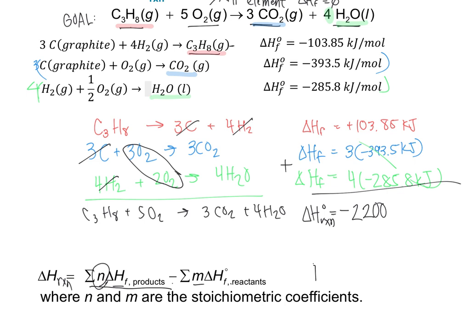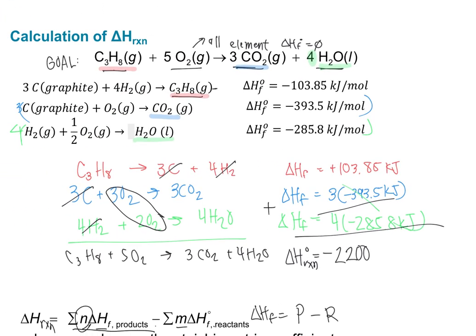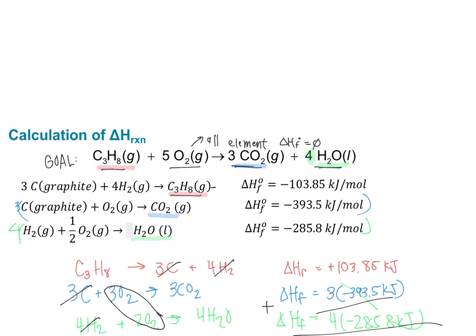So basically it's products minus reactants for delta HF. So let's just pull this over to the side and see if we get the same thing. I have these values. I'm actually going to pull it up. And we're going to do delta H is equal to products minus reactants.